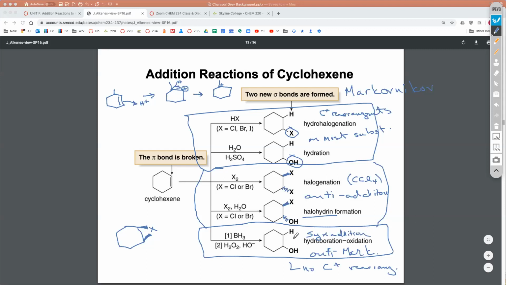Of the H and OH. Now, of course, because there's no difference here in the structure, we don't have to worry about it. But let's say that we had tried to add this to, I'll just do it down here.